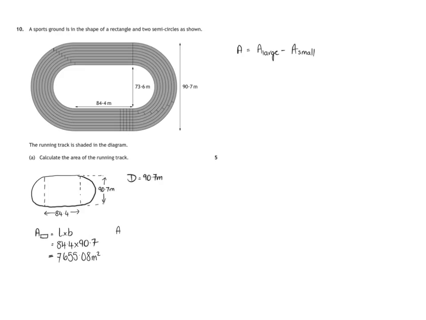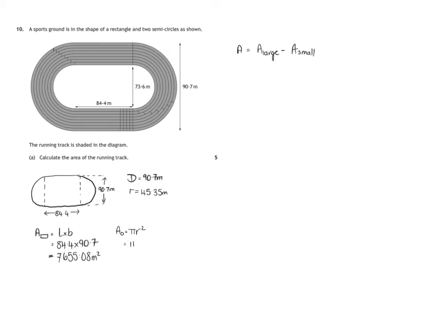The circle, well here, we have two semicircles, one on either end. That is just the same as one circle. So we can find the area of the circle, and that is pi r squared. We need to know what the radius of the circle is. We've said the diameter is 90.7, so our radius is going to be half of that. So half of 90.7 is 45.35.